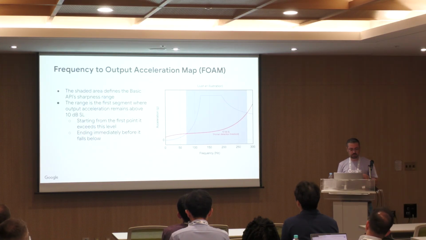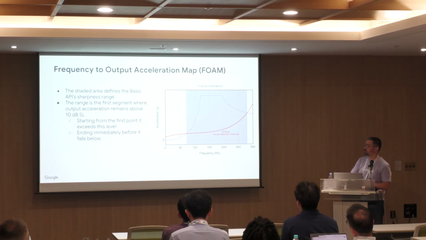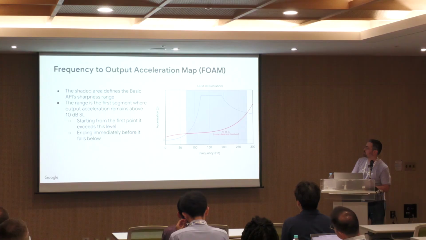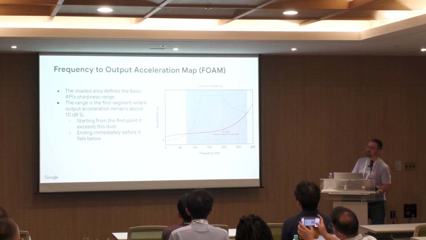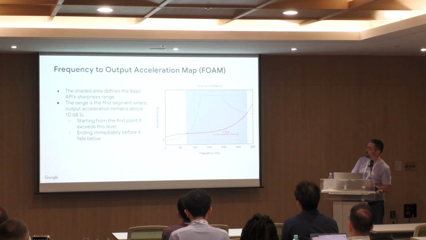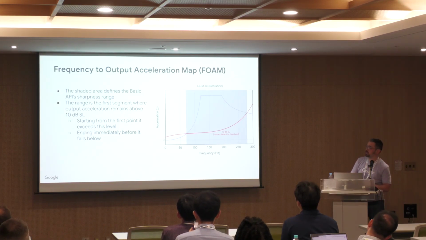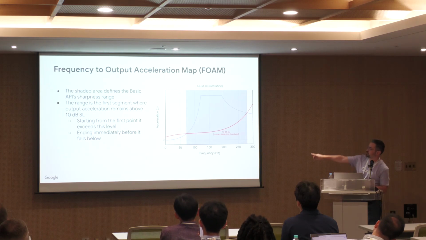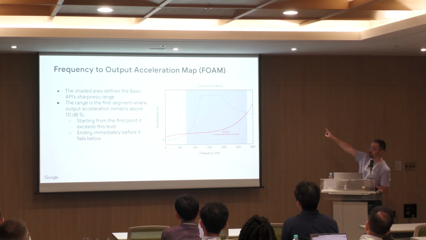So here is where I was talking about previously the sharpness range. There's the shaded area. This is the area of the sharpness range. It's where the minimum threshold, the 10 dBSL, cuts the phone curve the first time and then cuts it the second time.